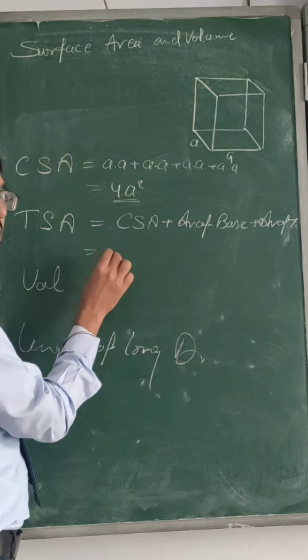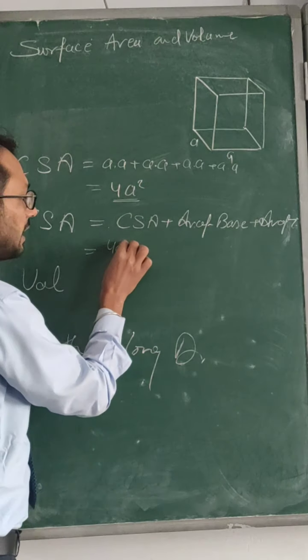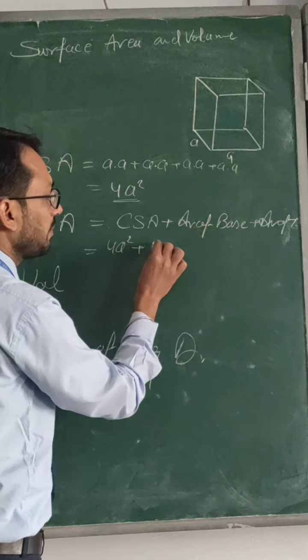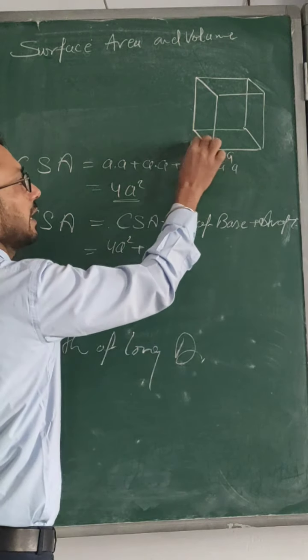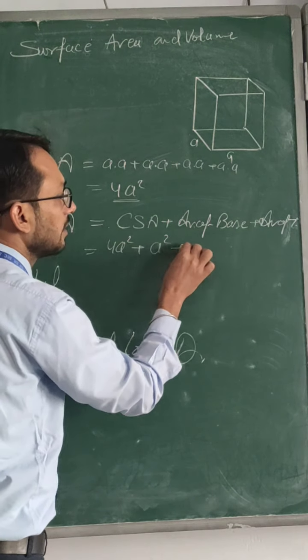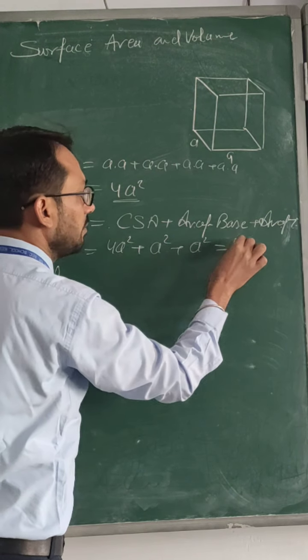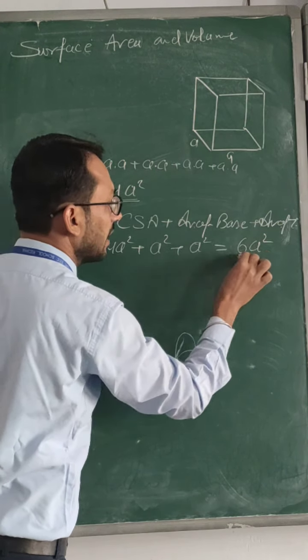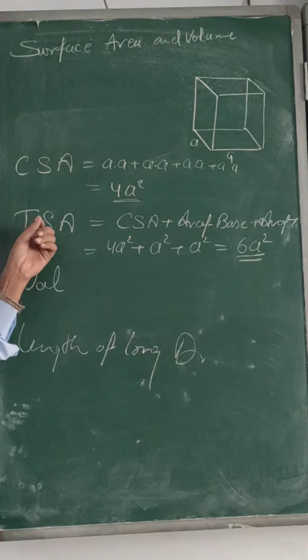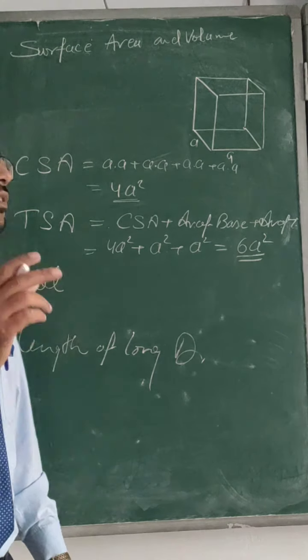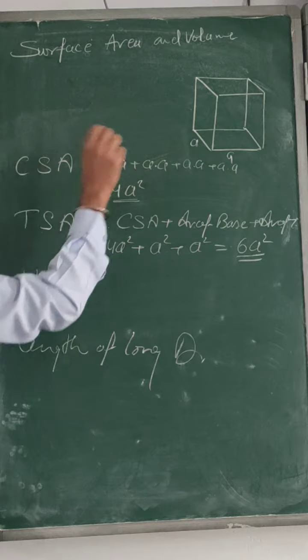So curved surface area is 4A square, plus area of base, again sides A by A, so it will be A square, plus top again A by A, A square. It will be 6A square, the total surface area of the cube.